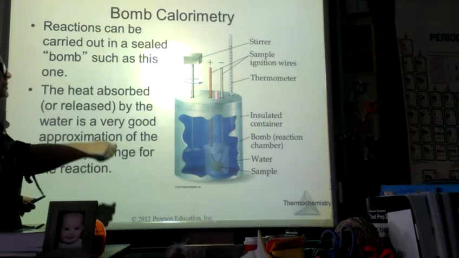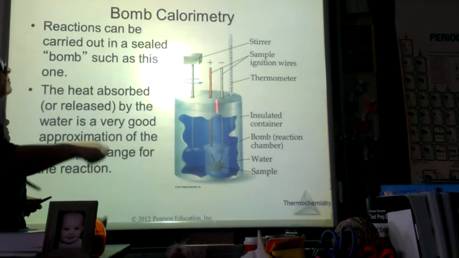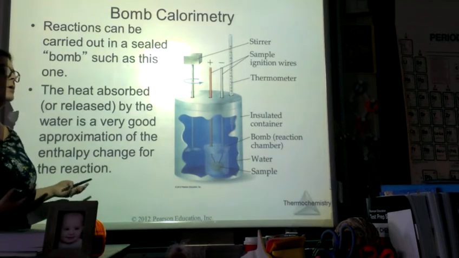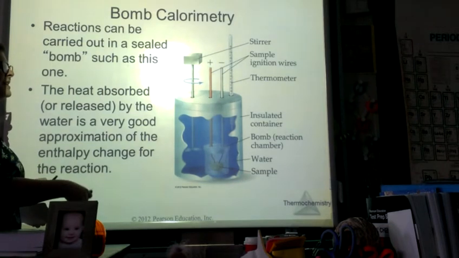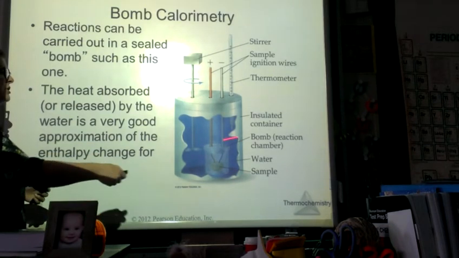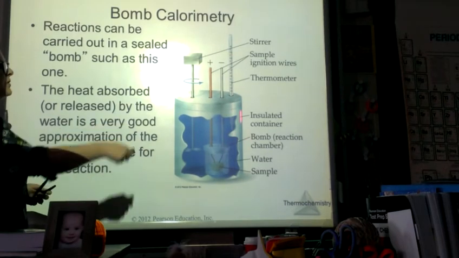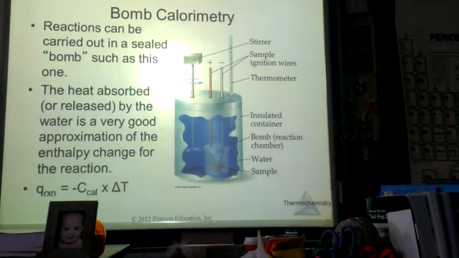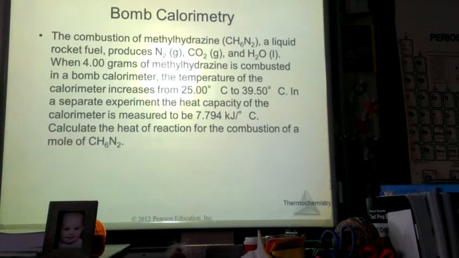And then I'm going to ignite that reaction through these wires, just heating them up. So then I can get this to combust. When it does combust, it will release energy to the surrounding water, and I can measure that temperature increase by the thermometer. Okay, so when we use a bomb calorimeter, we can measure the heat of the reaction by taking Ccal times that change in temperature.